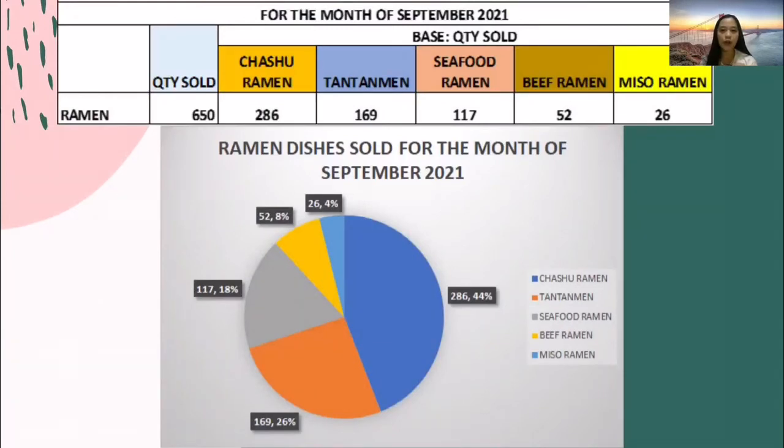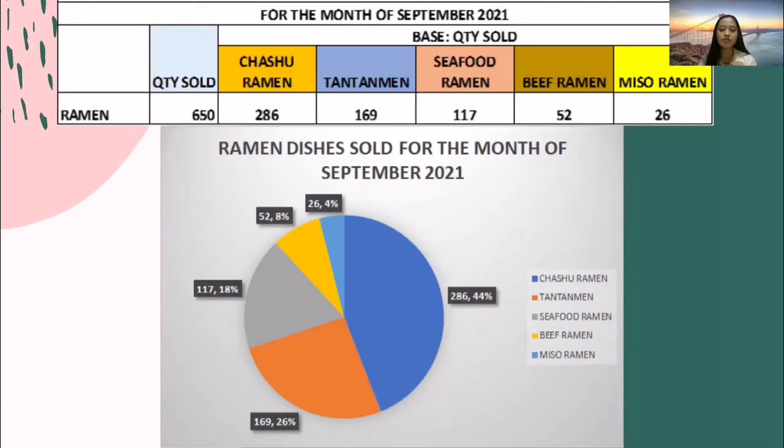So this is how we are going to apply it. The blue one corresponds with the chashu ramen, which got 286.44%. The orange one corresponds with the tantanmen, which got 169.26%. The gray one corresponds with the seafood ramen, which got 117.18%.